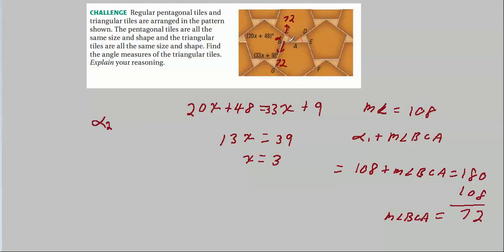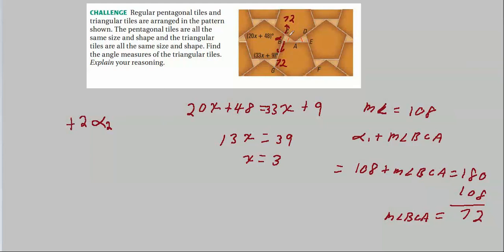well, we have 1, 2, 3 angles that make up a straight line. So they're supplemental. So this plus this plus this. These two are equal though. So when we set up our equation, if we call this alpha 2, then this would be 2 alpha 2 plus the 108.